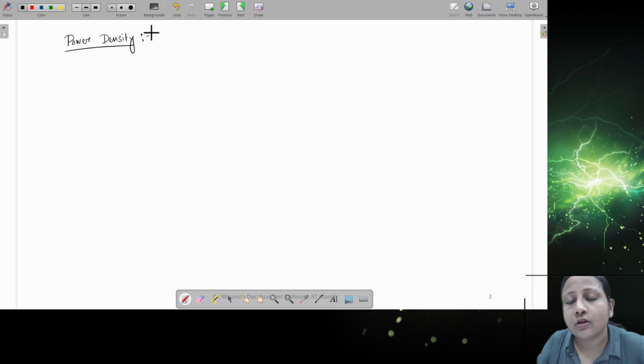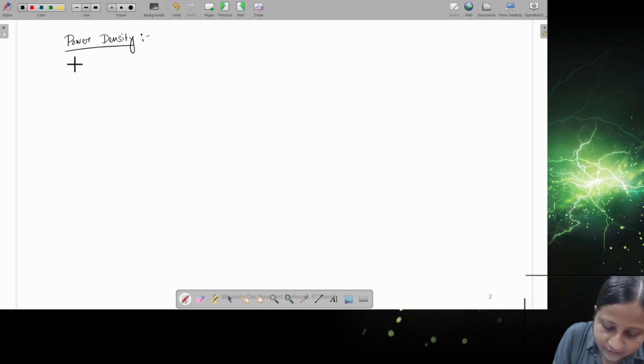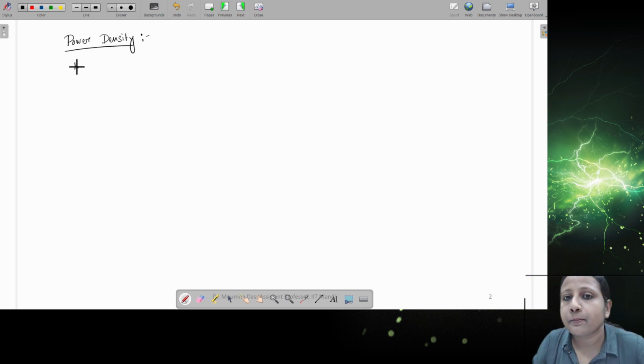So, the definition of power density: how much power is processed in a given space. If the power processed is less in a given space, then we can say low power density, and if it is more in a given space, then we can say a high power density system.